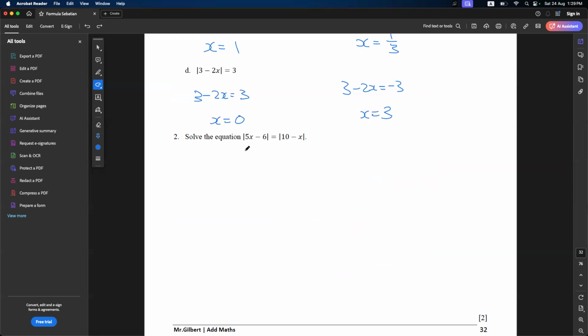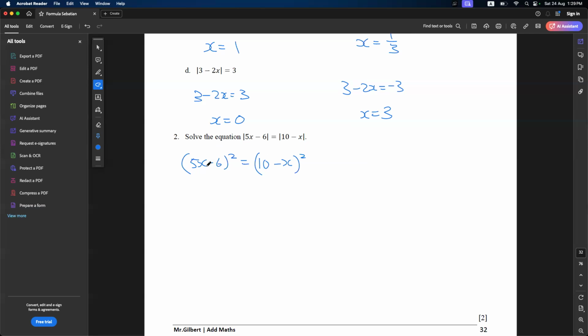So if I square here and square here, (5x minus 6) squared is equal to (10 minus x) squared. Then I will have dealt with the modulus, and when I have quadratic equations, I'll get two x answers anyway.